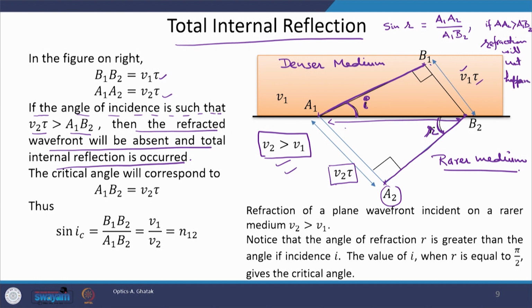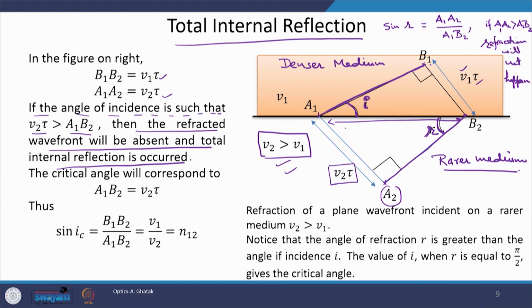The refraction will not happen if A1 A2 is larger than A1 B2. Why? Because the maximum value of sin R is equal to 1, and if A1 A2 is larger than A1 B2, then the value of sin R would be larger than 1, which is not allowed. Therefore, refraction will not happen and the wave will go into the first medium itself, which is TIR, total internal reflection.